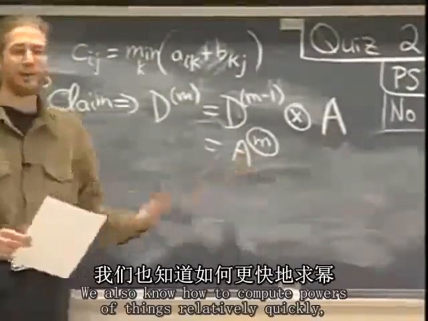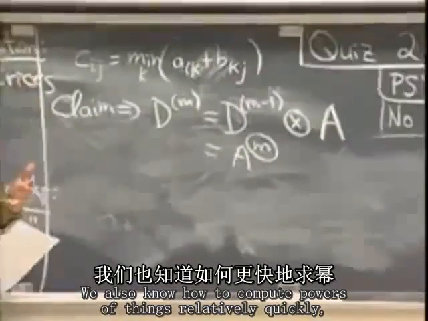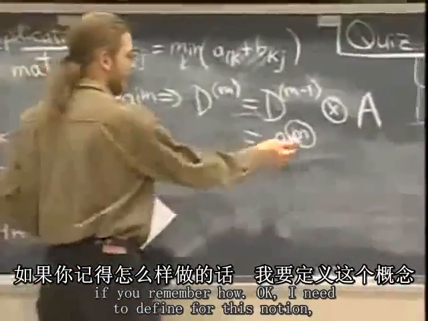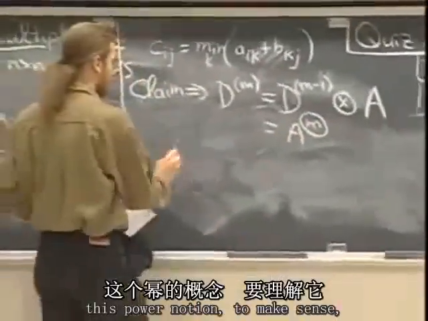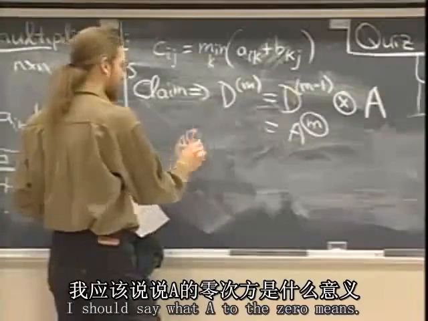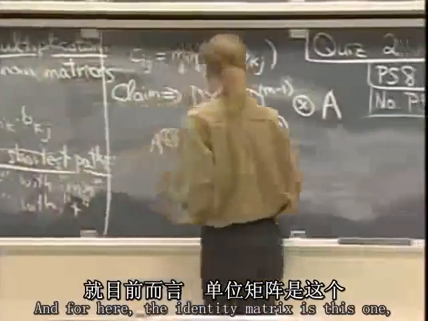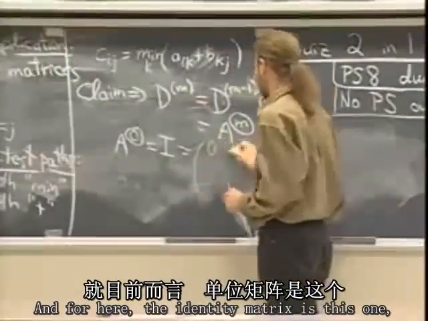Okay, so that sounds good. We also know how to compute powers of things relatively quickly, if you remember how. For this power notion to make sense, I should say what A to the 0 means. And so I need some kind of identity matrix. And here, the identity matrix is this one.